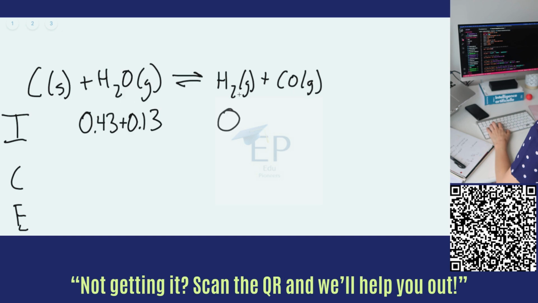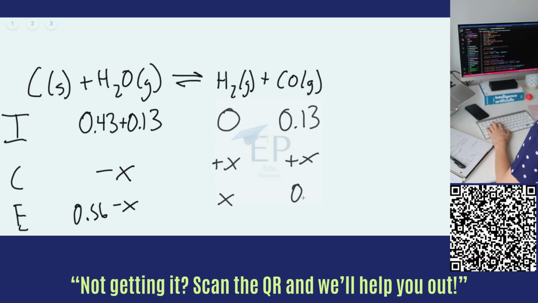Our initial H2 is now 0 because all of our H2 is reacted. And our CO is still the same. Our change is minus x plus x plus x, and so we end up with 0.56 minus x, and 0.13 plus x for our new equilibrium concentrations.